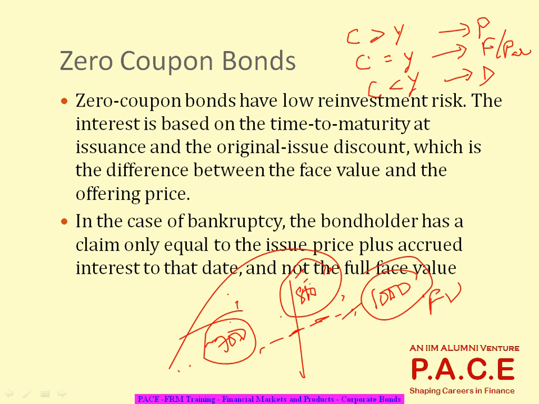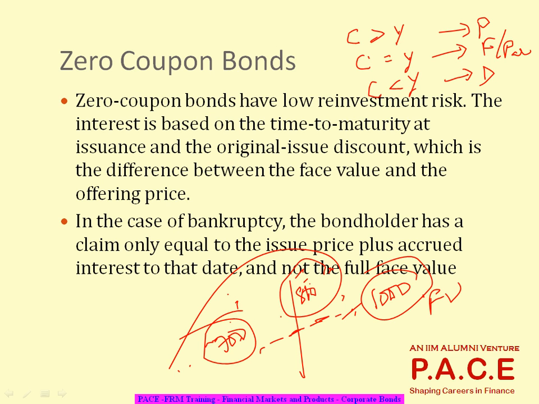That's the reason why people calculate all this, because you have purchased it at a discount of 700 and every year the interest that is applicable is your YTM. Based on that YTM of 2 years, let's say it has accumulated up to 810. So that is what he is saying.